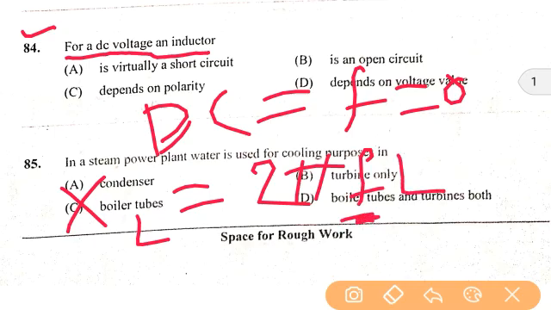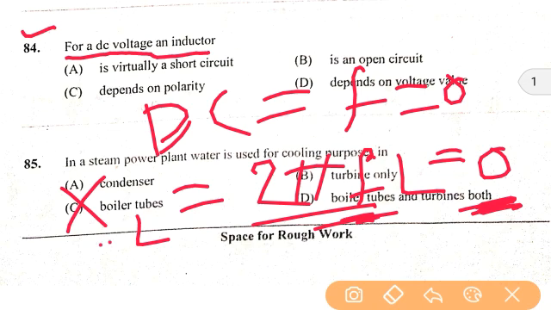For DC, by putting F equal to 0, this value will be 0. That means for a DC voltage, the inductor is a short circuit. XL is in ohm, and 0 resistance means that it is virtually a short circuit. So option A will be the correct answer.